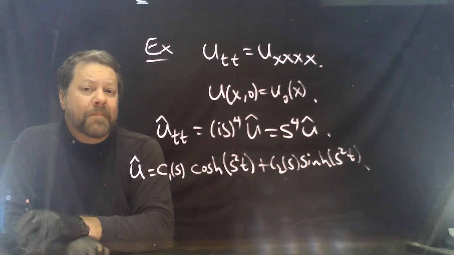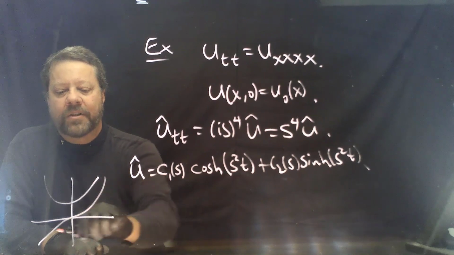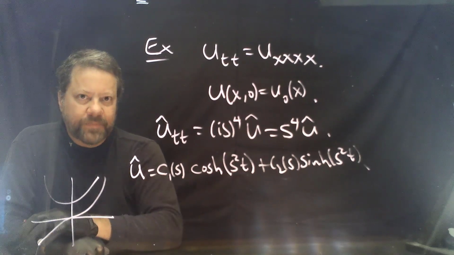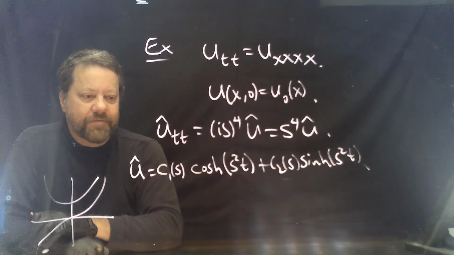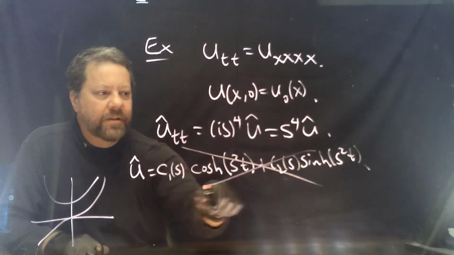And the reason that this is a bad choice is that both cosh and sinh are not integrable. They're not bounded as you go off to plus and minus infinity. So these are going to be very poor choices for basis.